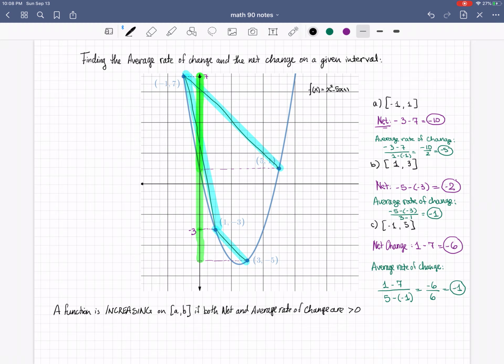And a function is called decreasing on an interval if both net and average rate of change are negative.